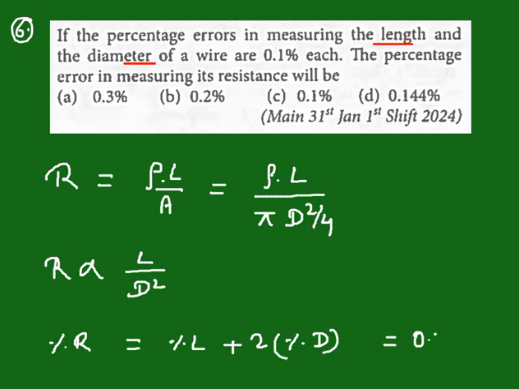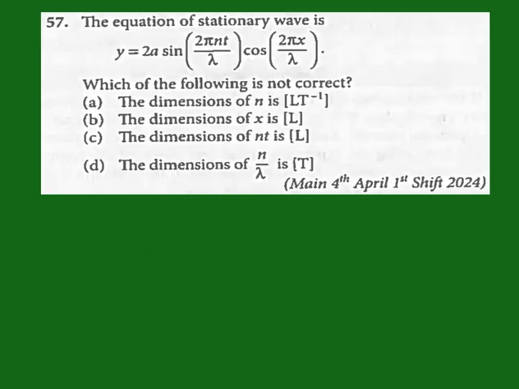We get 0.3% because they have given the percentage error of length and diameter equal to 0.1% each. Come to question number 7. Question number 7 belongs to units and dimensions, actually the dimension part of the first chapter.